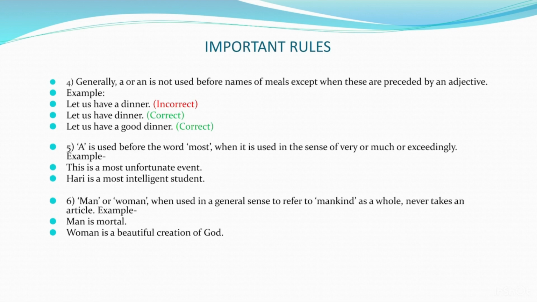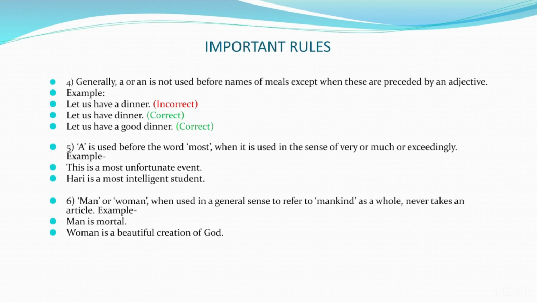For example, this is a most unfortunate event means this is a very unfortunate event. Hari is a most intelligent student means Hari is a very intelligent student.